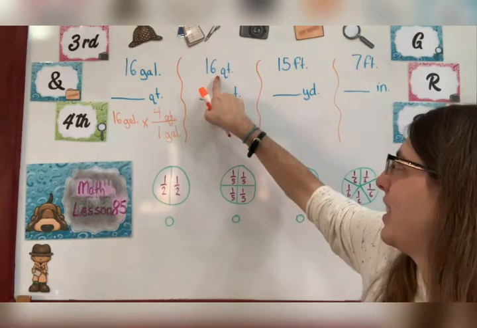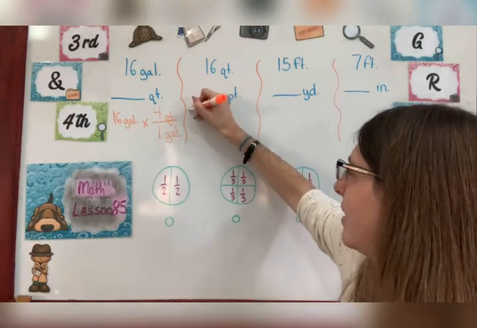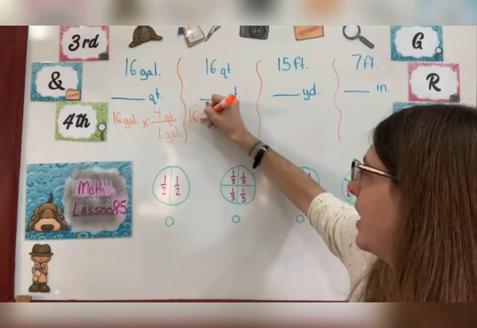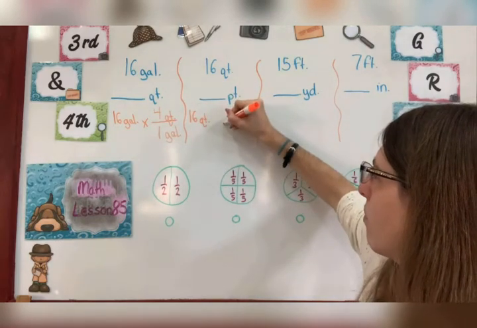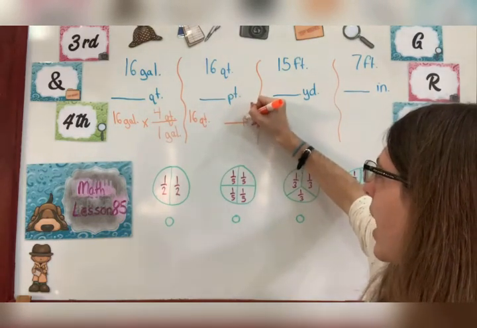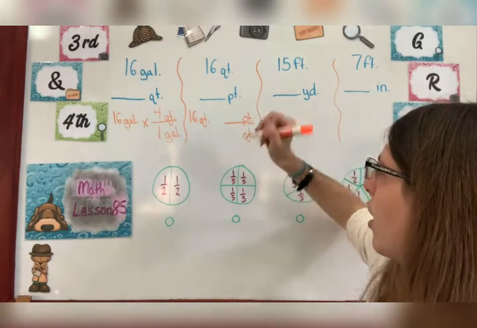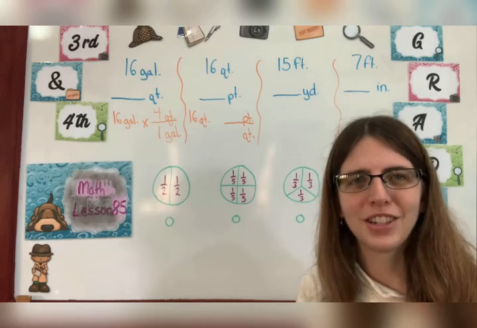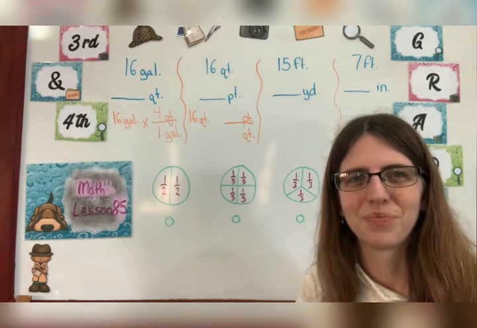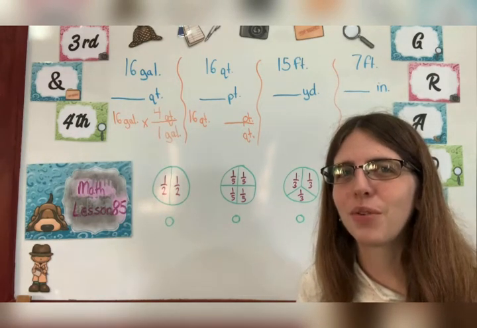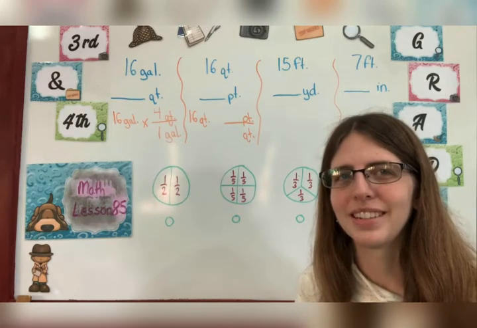Now I have 16 quarts is how many pints? So I'll set it up, 16 quarts. I'm changing to pints from quarts. What's my conversion factor? It's one of the ones we don't have cards for, so it's easier to forget.